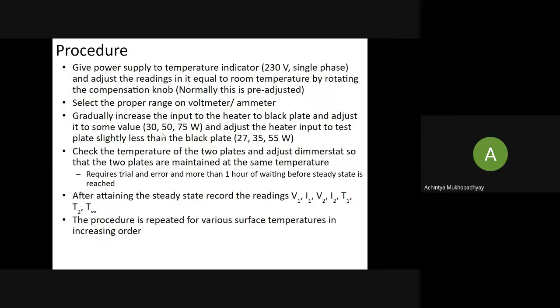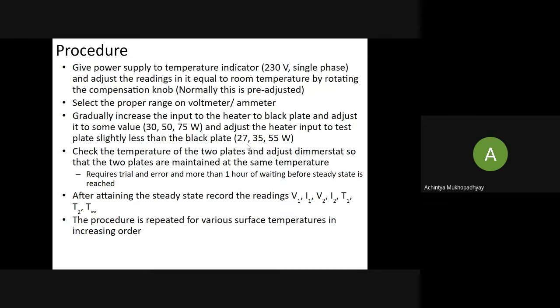Why? Because the black plate has a higher emissivity, so it will have a higher rate of heat transfer. If you want to measure the same temperature in the test plate with the same temperature difference, the black plate would be losing more heat, so it should be supplied with more heat also to achieve steady state. So you always adjust it in such a way.